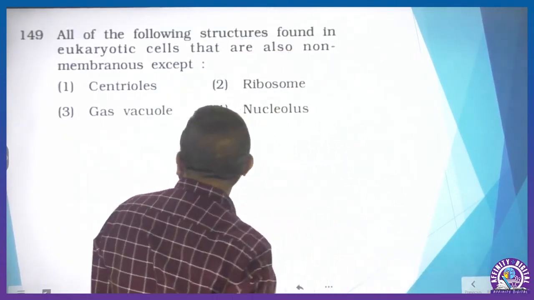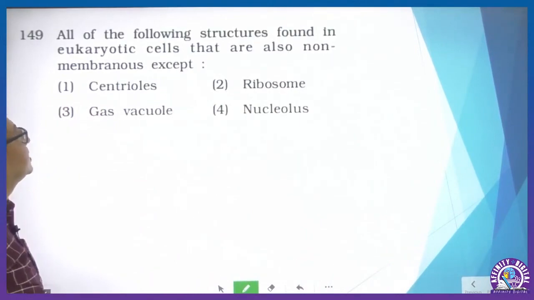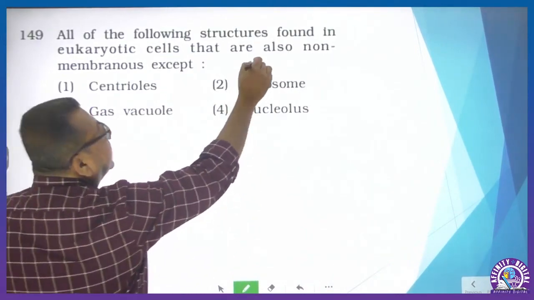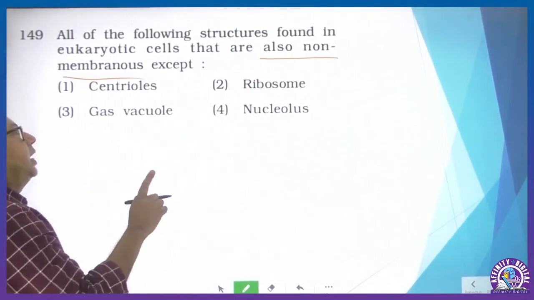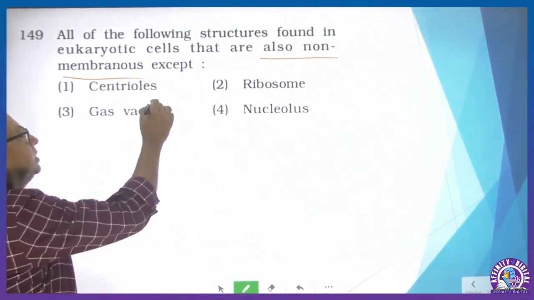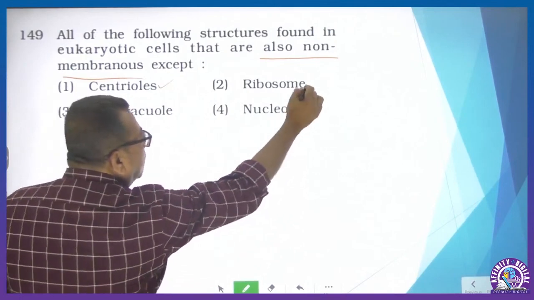All of the following structures are found in eukaryotic cell that are also non-membranous. यूकैरियोटिक सेल में रहना पड़ेगा लेकिन नॉन मेम्ब्रेनस होगा. तो कौन है? सेंट्रियोल. गुड. राइबोसोम. गुड.